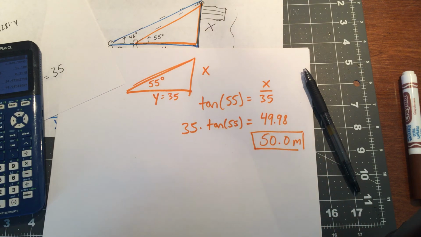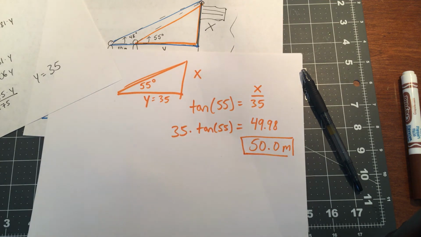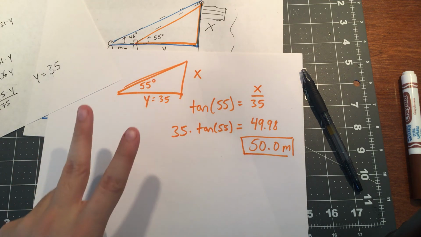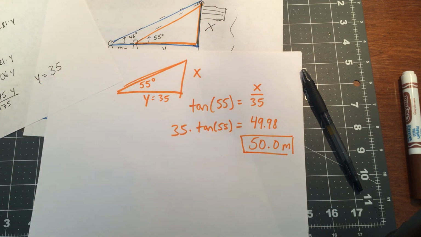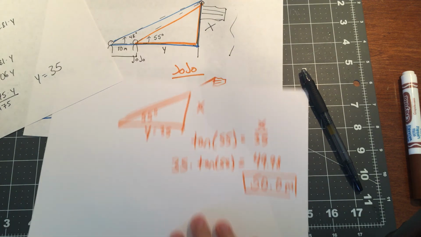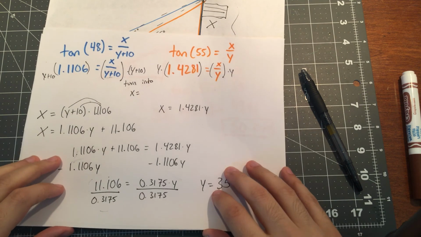Okay, so that is an example of using trigonometry in a complex problem, a problem where you normally have to use two triangles. We're doing each of these twice. So you're doing something with multiple variables, and what you're going to end up having to do is set those variables equal to each other in some ways.